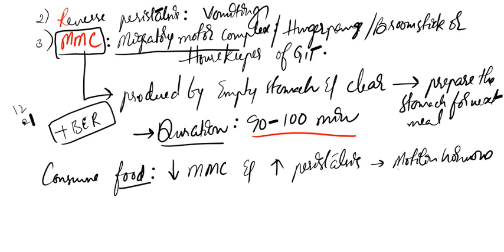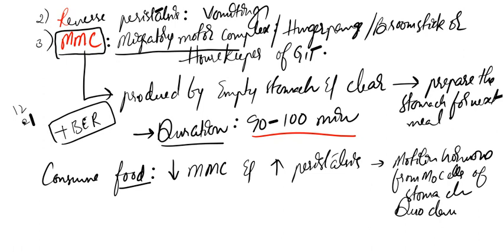from the ammo cells of the stomach as well as the duodenum. So this in turn leads to increase or initiate all the movements in the GIT, that is peristalsis. So you understand the mechanism, right?